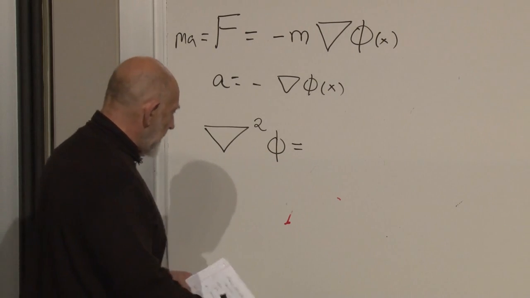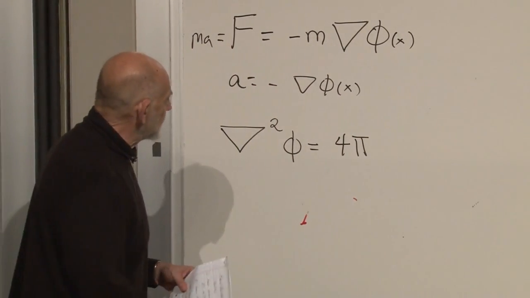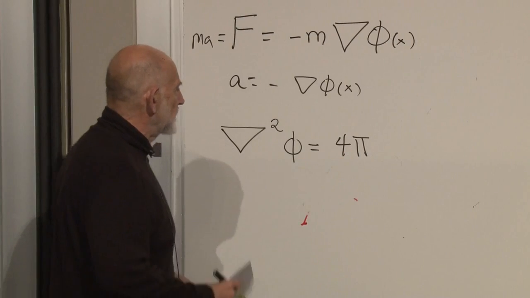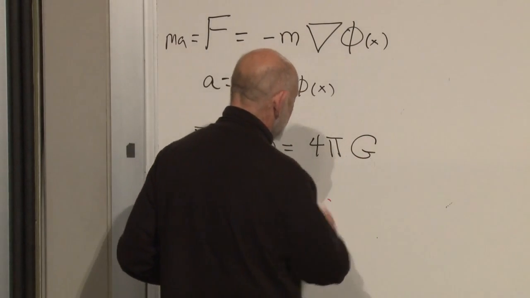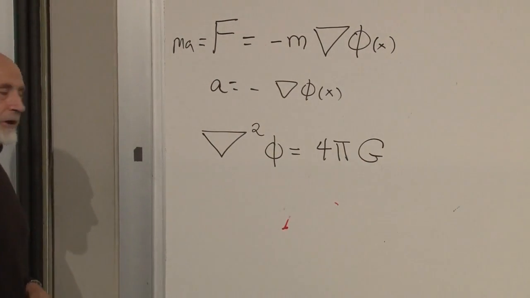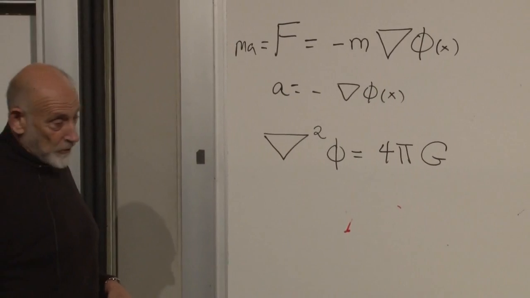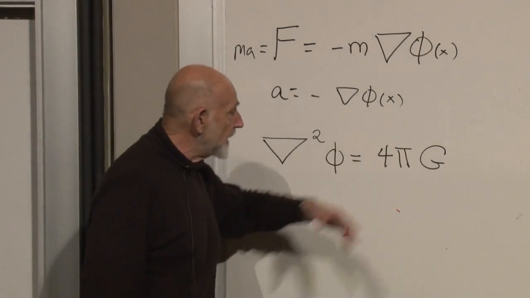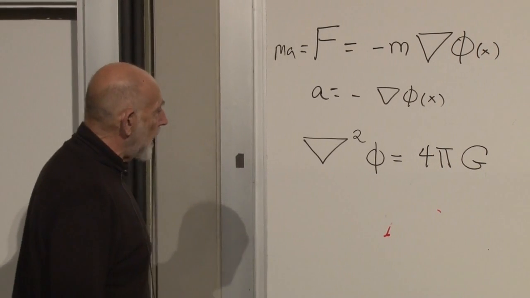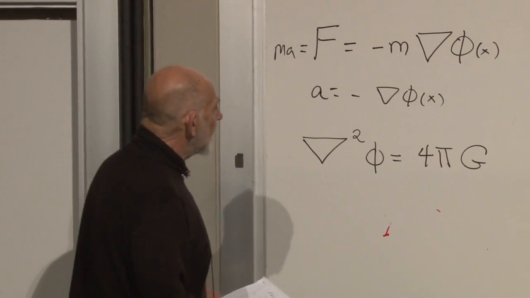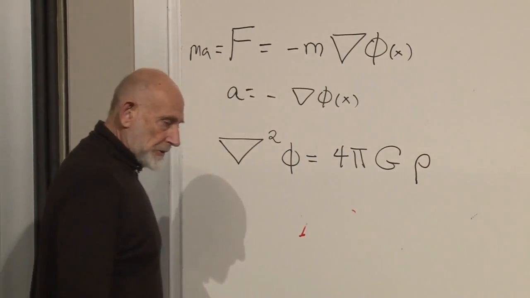All right, so what is on the right-hand side? 4 pi. That's a convention. Because another factor here is Newton's constant. And if you don't like 4 pi's, you can absorb them into Newton's constant. They'll reappear in other places, so don't think you're getting away with it by not putting the 4 pi here. Newton's constant, 6.7 times 10 to the minus 11th meters per blah, blah, whatever it is, times one other thing, the density of mass.